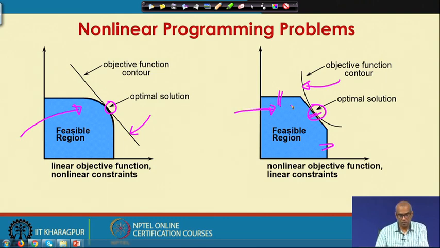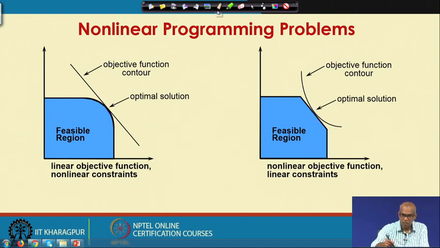Look at the difference between the linear programming problem and the nonlinear programming problem. Here the objective function is linear, but the constraints are nonlinear, and here the constraints are linear, but the objective function is nonlinear. But a general nonlinear programming problem will have both constraints and the objective function nonlinear.